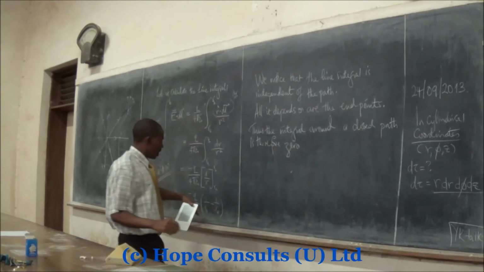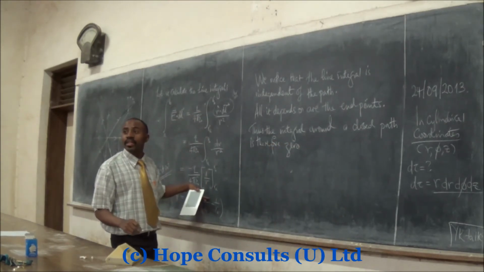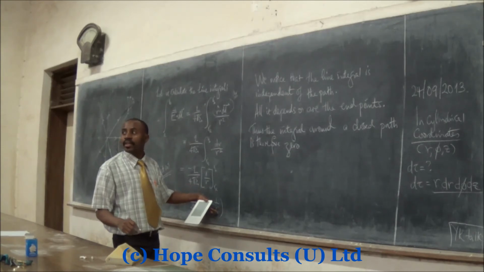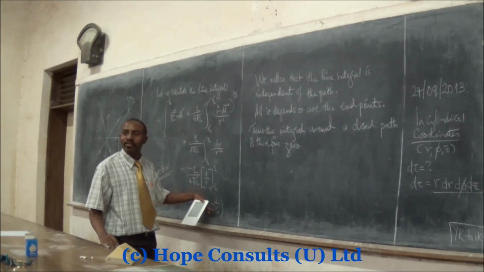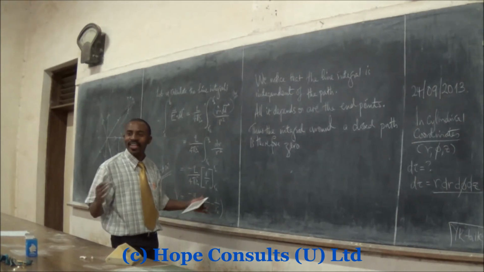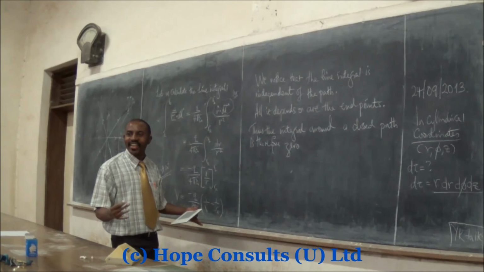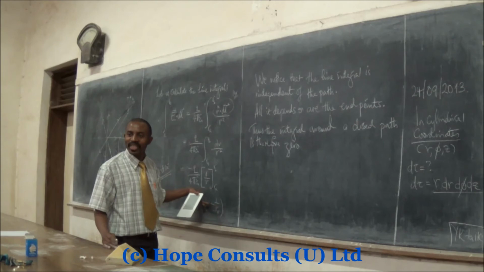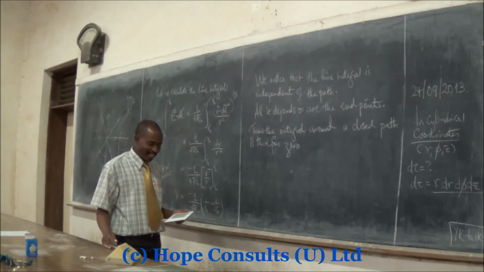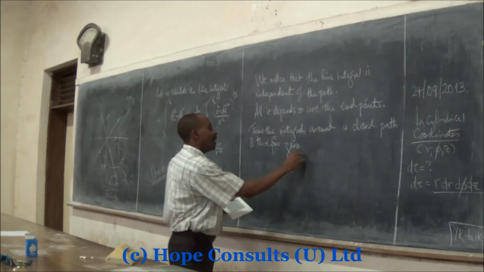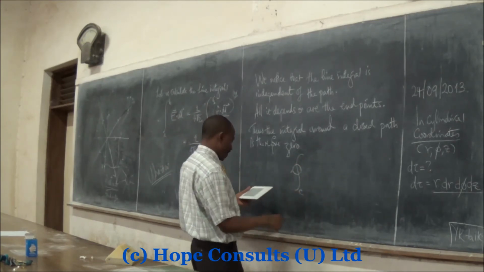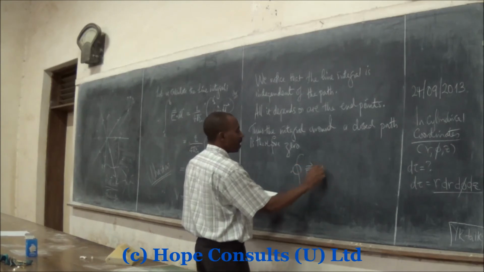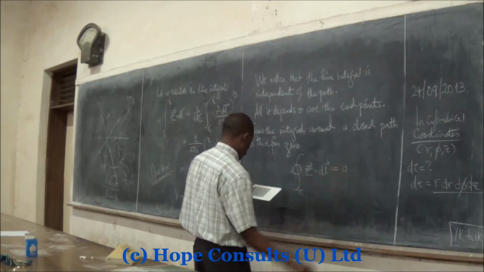If RA is equal to RB, the difference of their fractions, with 1 over x, the difference between the inverses will be 0, such that the integral around the closed path C of E dot dL will be equal to 0.